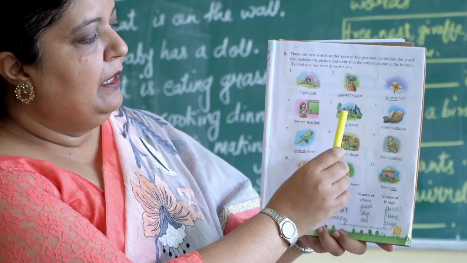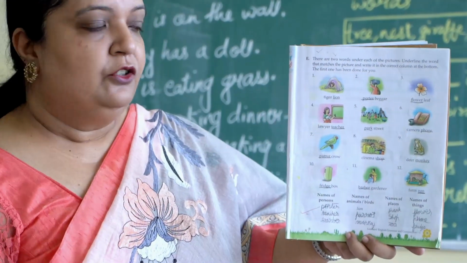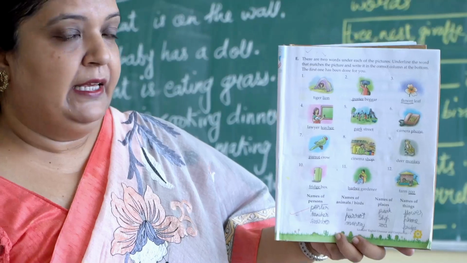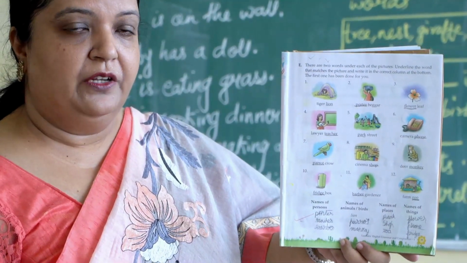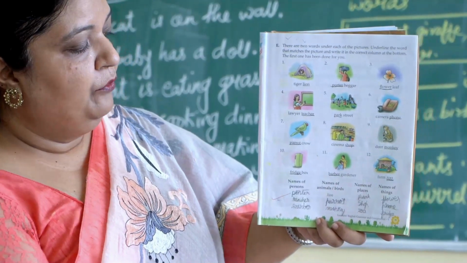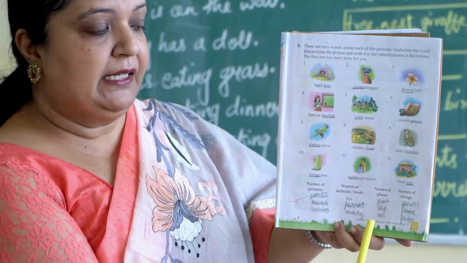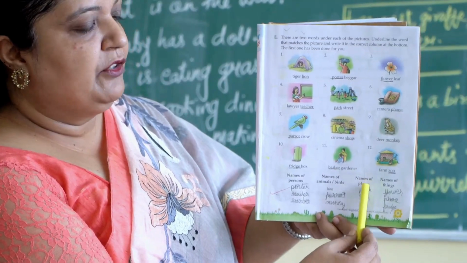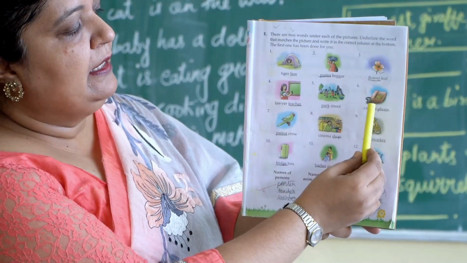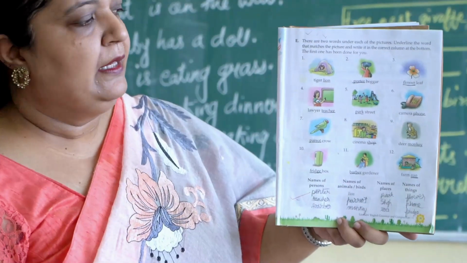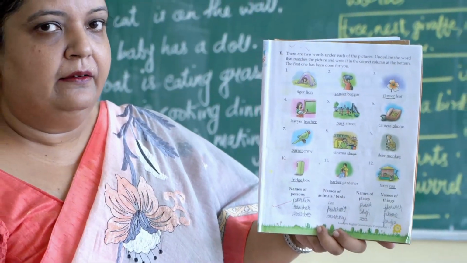In the same way, picture 5, two naming words are there, park and street, and it's a park. So you will underline park, and where will you write? It's the name of a place. So you will write under names of places. Now the sixth one is a phone. Camera and phone are written over there.